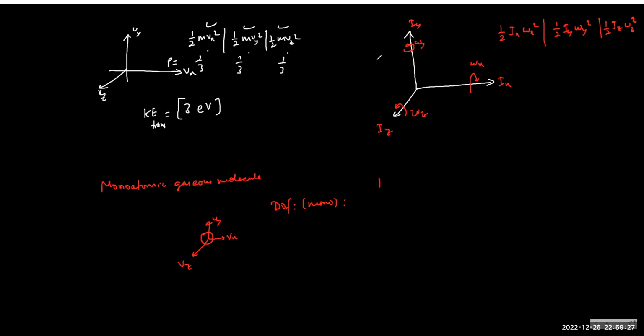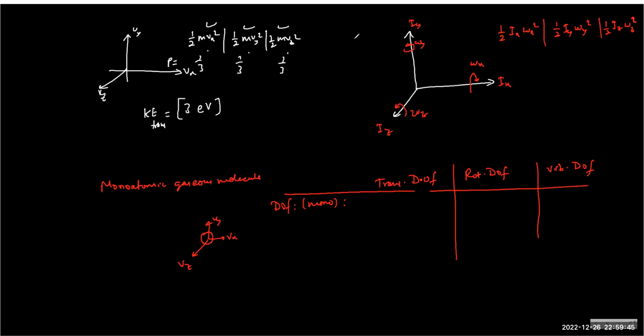I can write translational DOF, rotational DOF, vibrational DOF. We'll talk about that also. For monoatomic gas, how many translational degrees of freedom can we have? Can we say 3? Yeah. And there is no question of rotation.